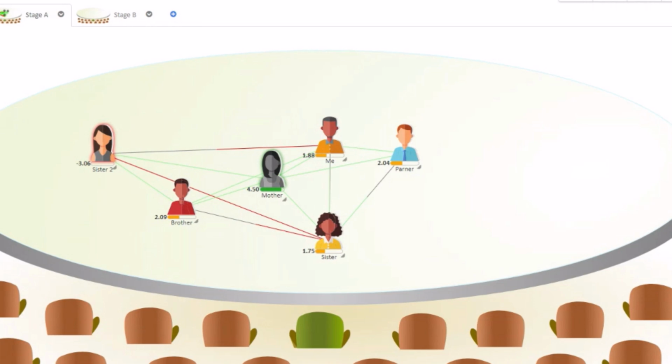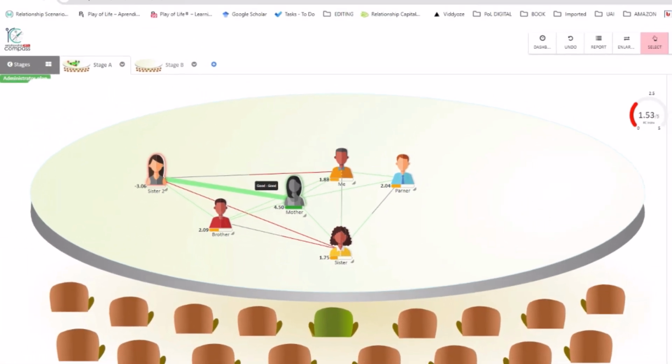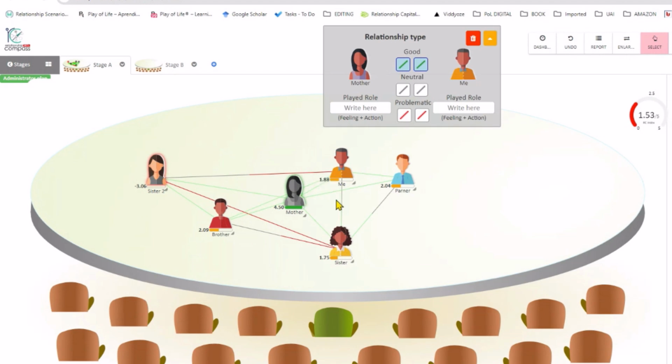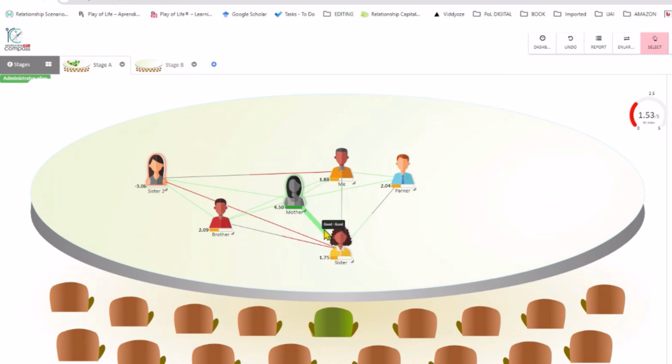What is the relationship between your sister and your mother in the memory? Between you and her, it's good. Between your sister and her, problematic.